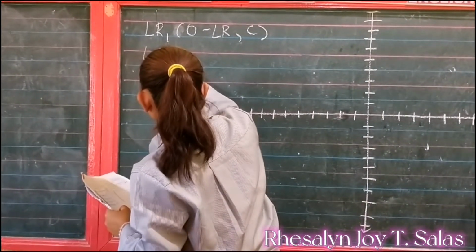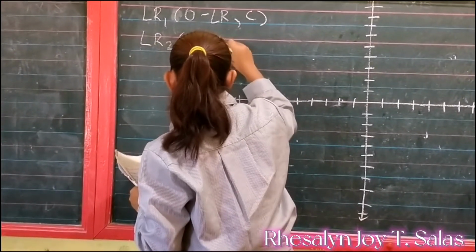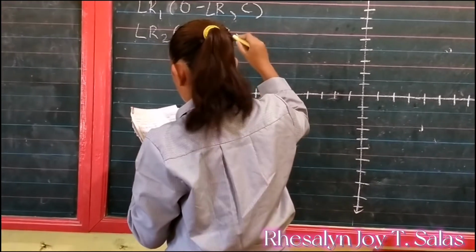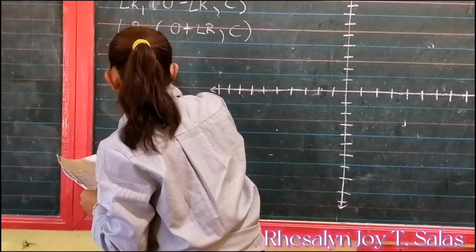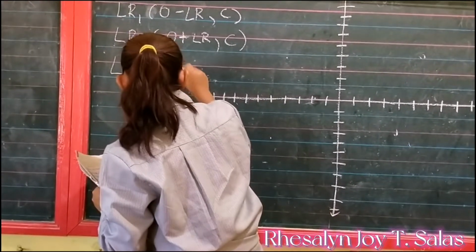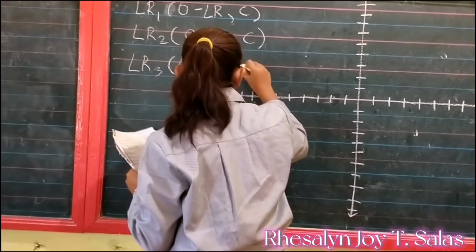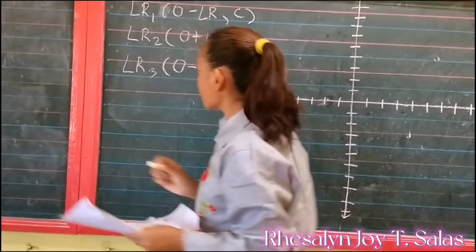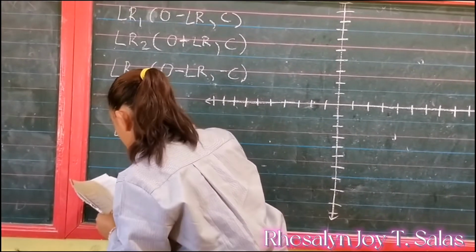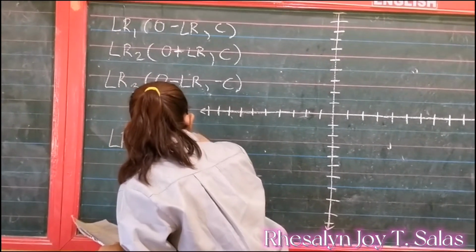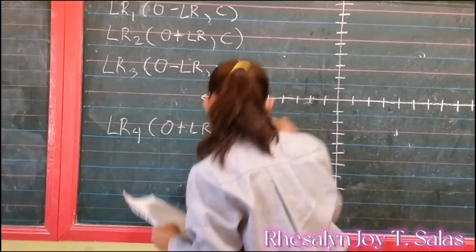LR2 has coordinate (0 plus LR, positive c still). Then LR3 has coordinate (0 minus LR, negative c). Then lastly, LR4 has coordinate (0 plus LR, negative c).